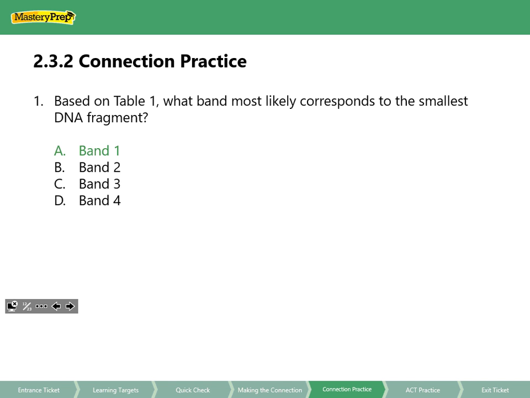Yep, there we go. Okay, almost there. Yep, distillation. All right, here we go.